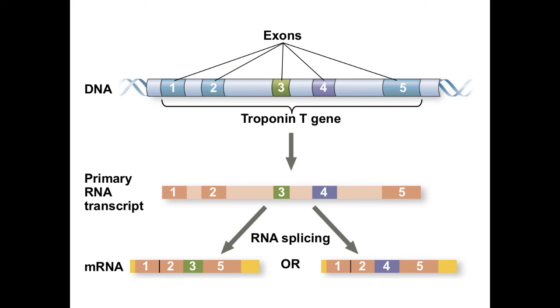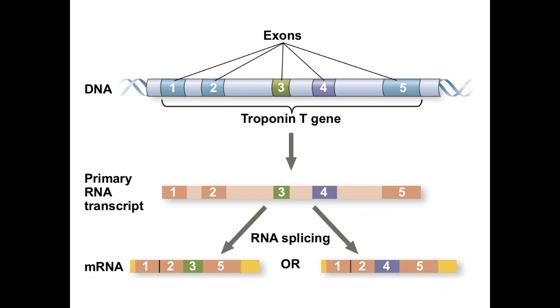That's shown here. The exons are the part of the genetic material that will eventually make it to the messenger RNA after processing. The introns are removed. Sometimes you can splice the RNA in different ways so that, for example, on the left, you have exons 1, 2, 3, and 5, but on the right, that gene product is going to be 1, 2, 4, and 5.